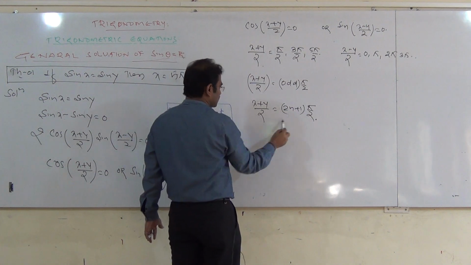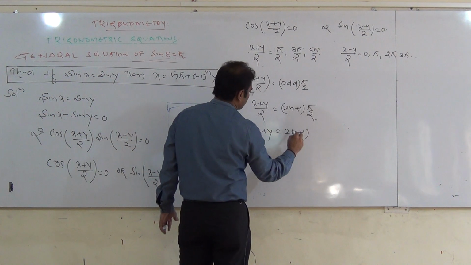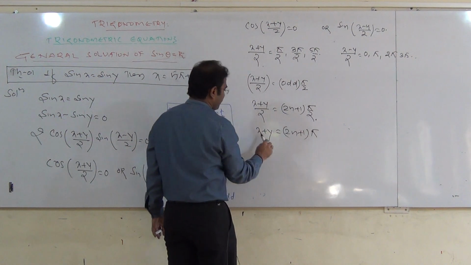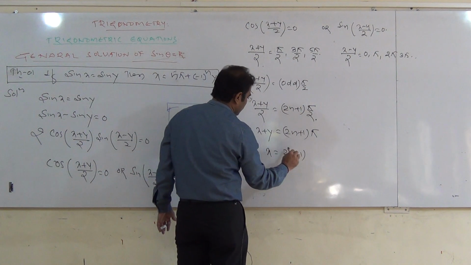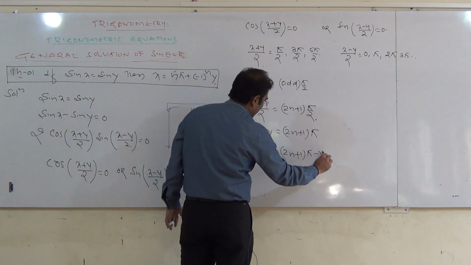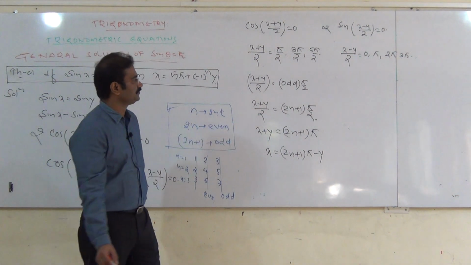The 2 cancels. x plus y is equal to (2n plus 1) pi. Actually, I am interested in x, so x is equal to (2n plus 1) pi minus y, because I want the value of x.